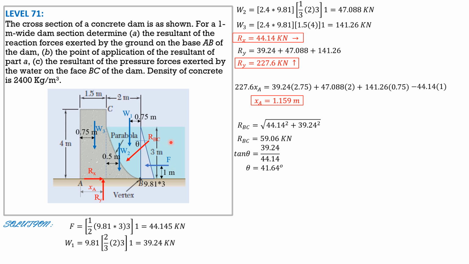Therefore, the angle that the resultant force on the face of the dam BC makes with the positive x-axis is 180 degrees plus theta. 180 plus 41.64 is 221.64 degrees, or 221.6 degrees. So theta x is 221.6 degrees, and that is measured counterclockwise from the positive x-axis to that direction.